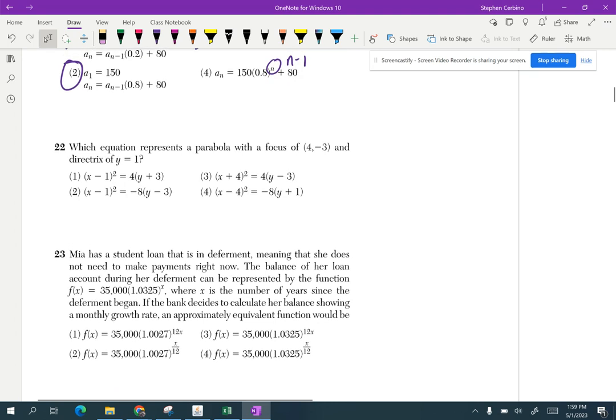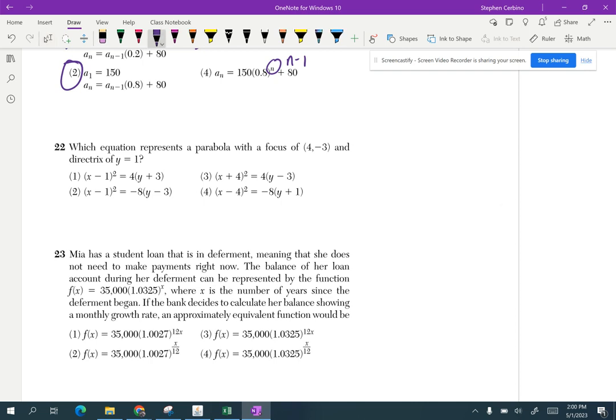Number 22 talks about focus and directrix. This is one of the things we'll do way at the end of the school year, so we probably haven't done this yet by the time you watch the video. It's not that hard though. So every parabola has a vertex, a directrix, and a focus, and the relationship between them is their equivalent distance.